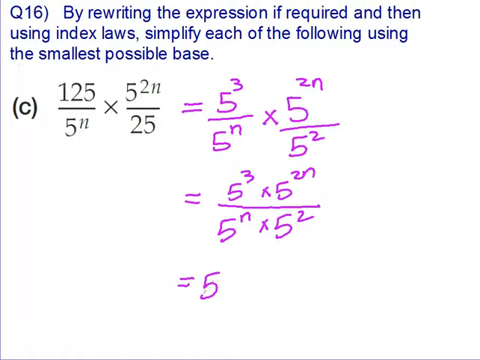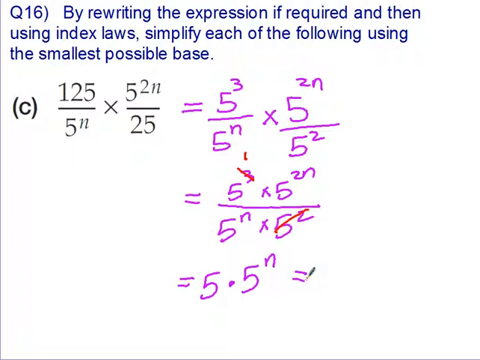So I'll just cross that out, and cross that out, and we're left with just a 5 for the coefficient. Okay, for the powers, 5 to the 2n divided by 5 to the n, I'll use a dot for times, equals 5 to the 2n subtract n, and 2n subtract 1n is just 5 to the n. Okay, we're almost there.